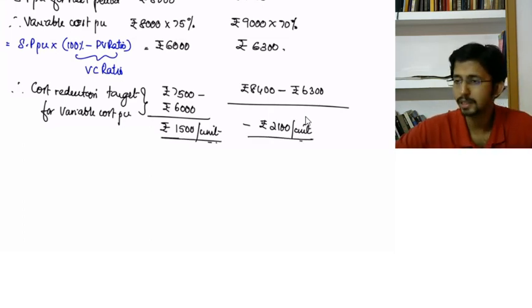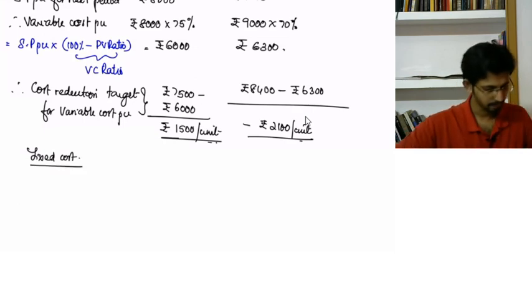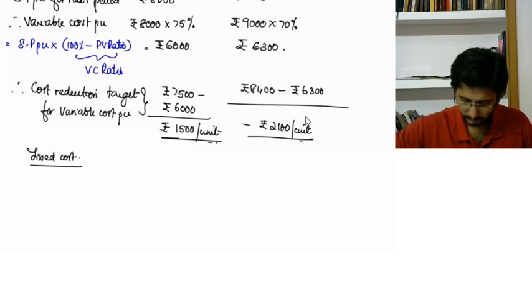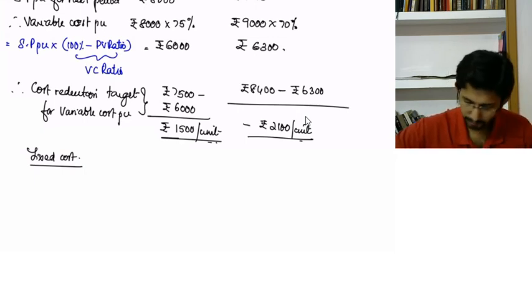Now what you have to do? You have to take the cost reduction required in fixed cost. Now how to find out the fixed cost? What all information do you have? Product specific fixed cost is given.